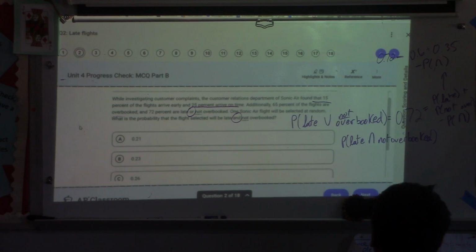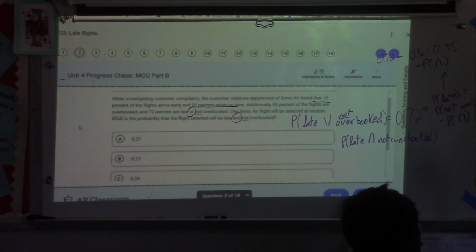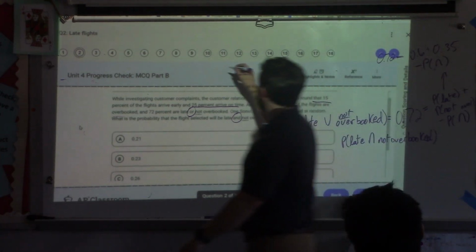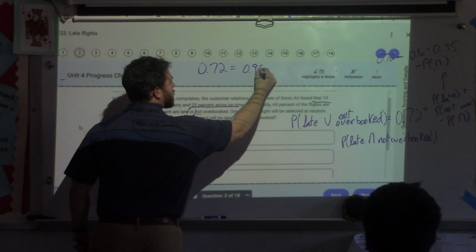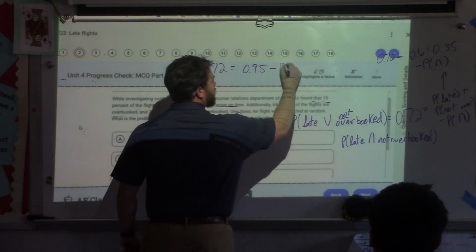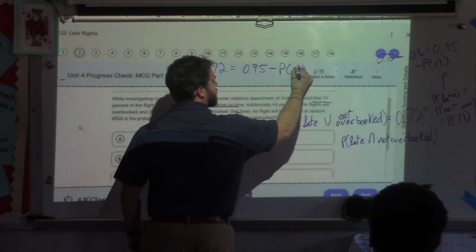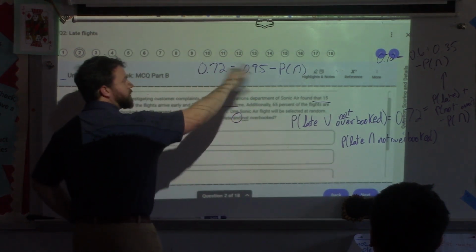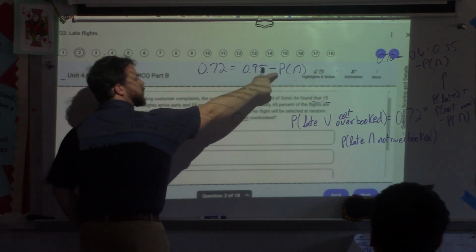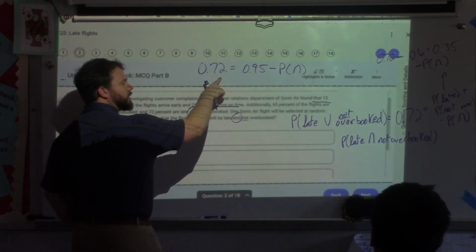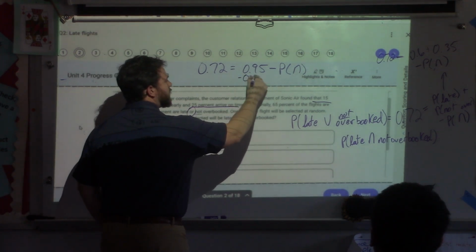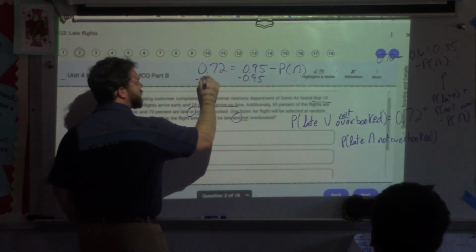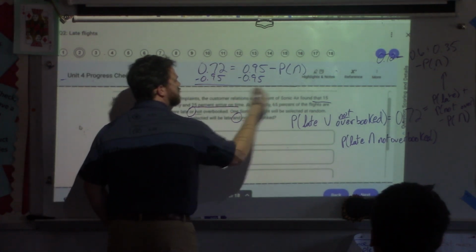And that's just solving that equation. So 0.72 is equal to 0.95 minus the probability of the intersection. You can think through it logically: what would I need to subtract from this to get 0.72? 0.23. Or you can use your algebra to solve.